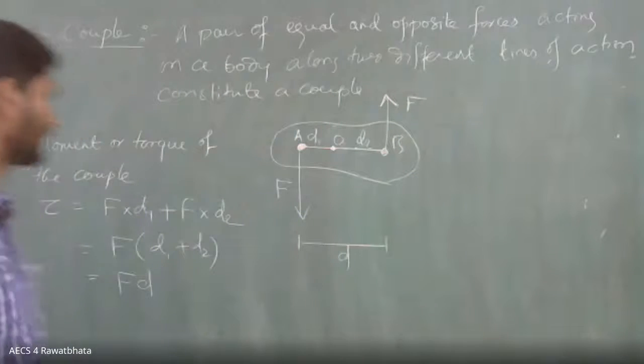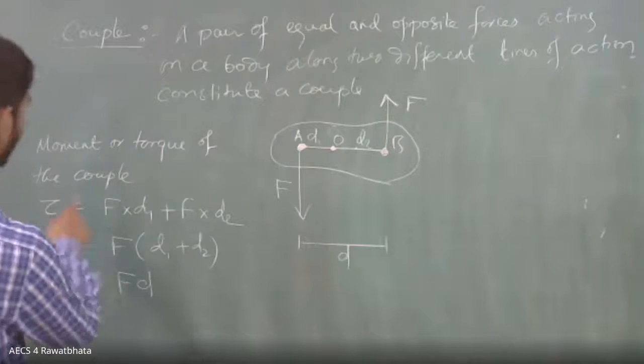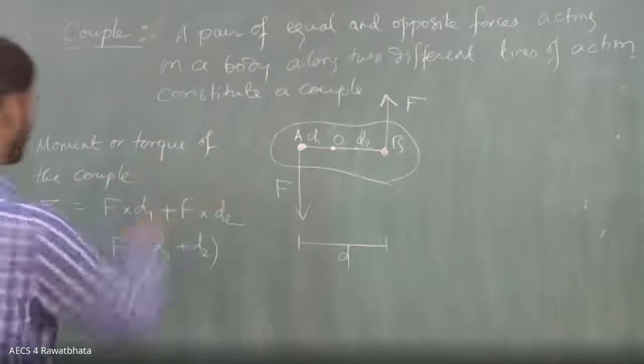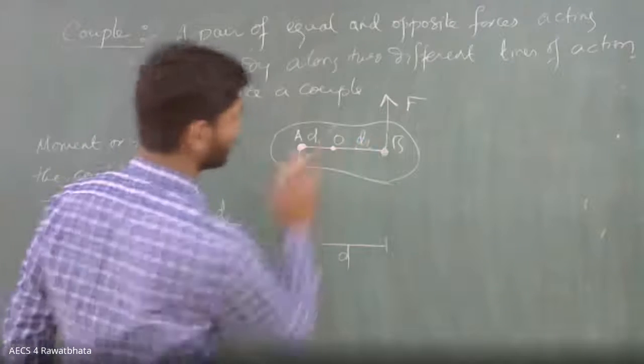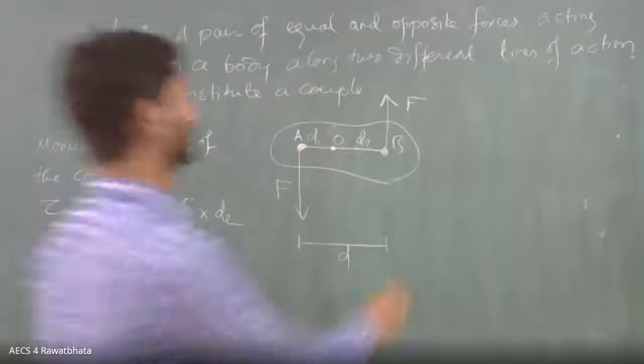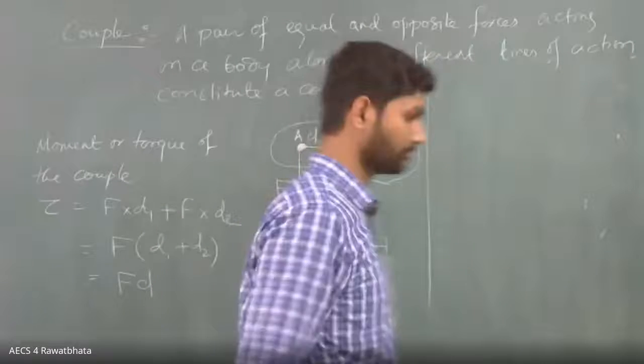So here one more thing we can see: the moment of torque is nothing but the force multiplied by the distance between the two points. Let me write that also.